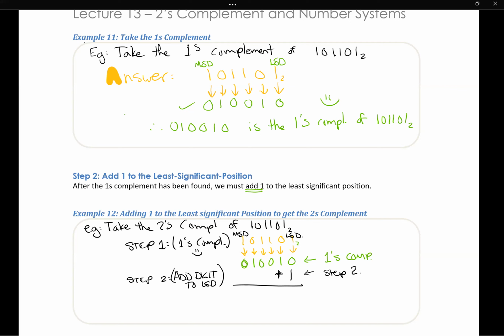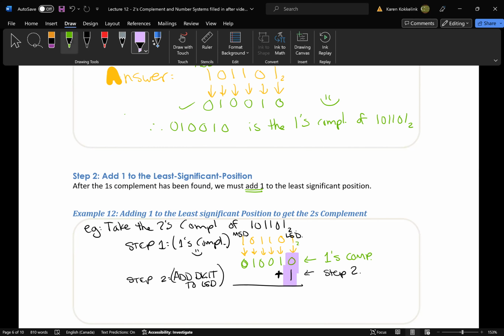I'm adding here because I'm doing 2's complement on paper, right? So when I add 1, what is 1 plus 0?